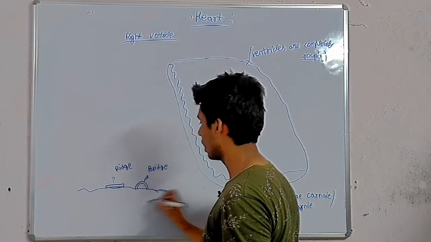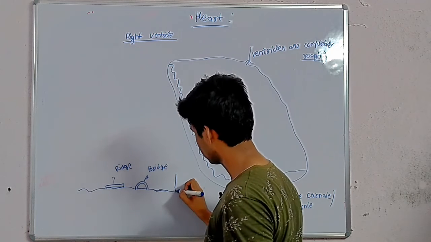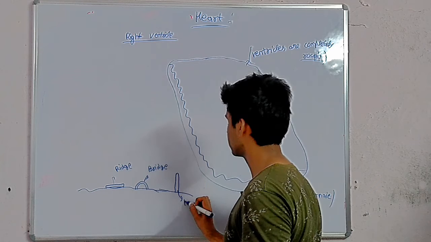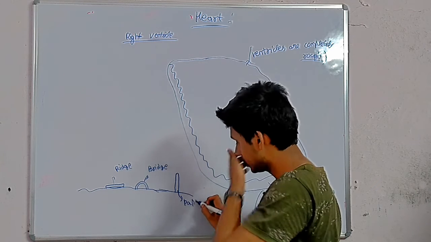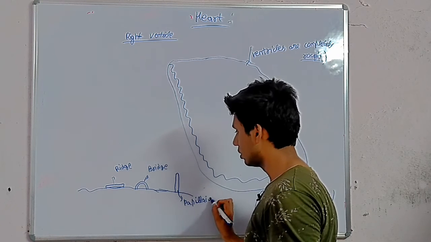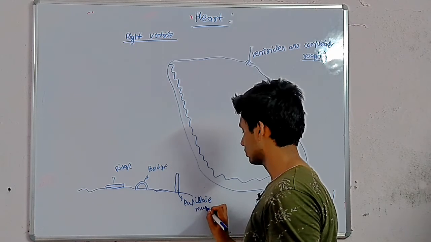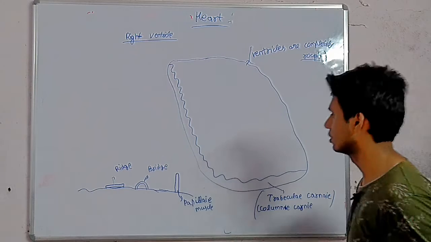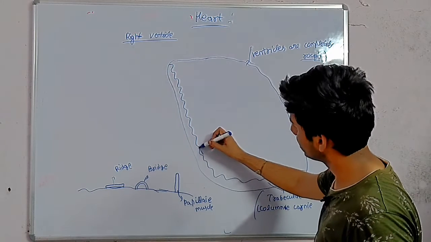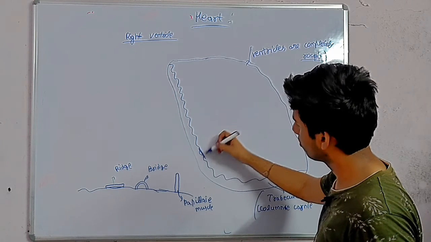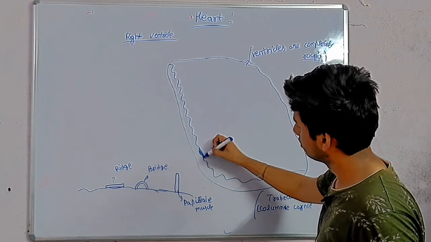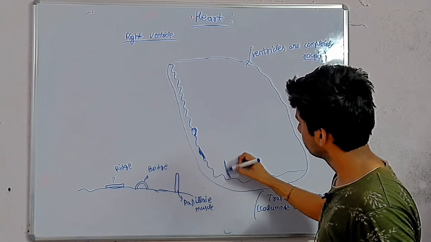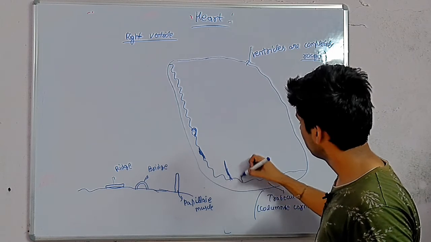And some have one end free and one end fixed, like this. This is called the papillary muscles. All are muscles of the trabeculae carneae, just different types of projections: ridges, bridges, and papillary muscles.